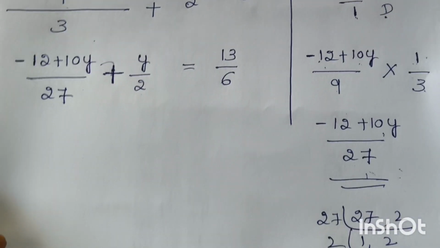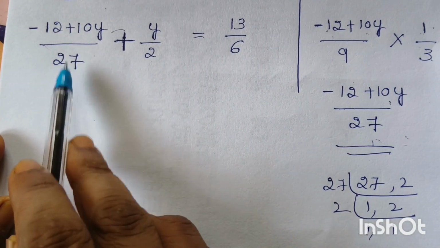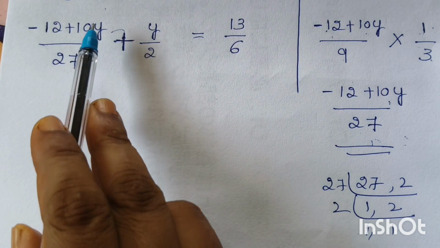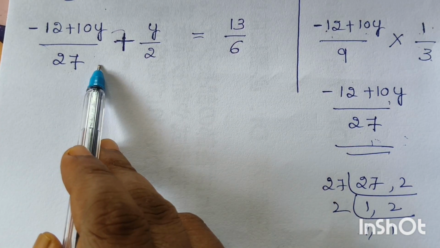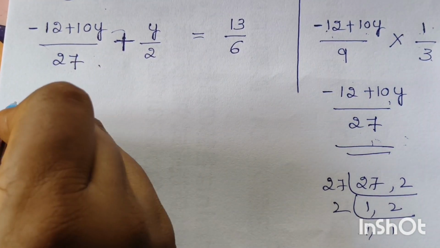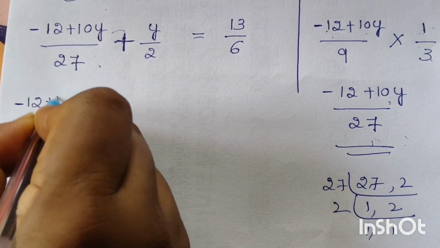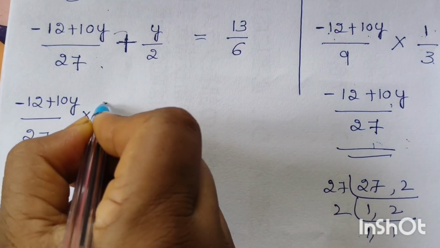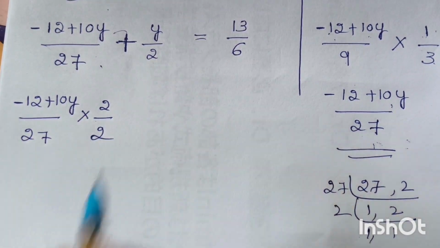To make the denominators the same, to make this 27 as 54, what do we have to multiply to both the numerator and the denominator? Yes, 2 we have to multiply. Look at this: minus 12 plus 10y divided by 27 into 2 divided by 2.